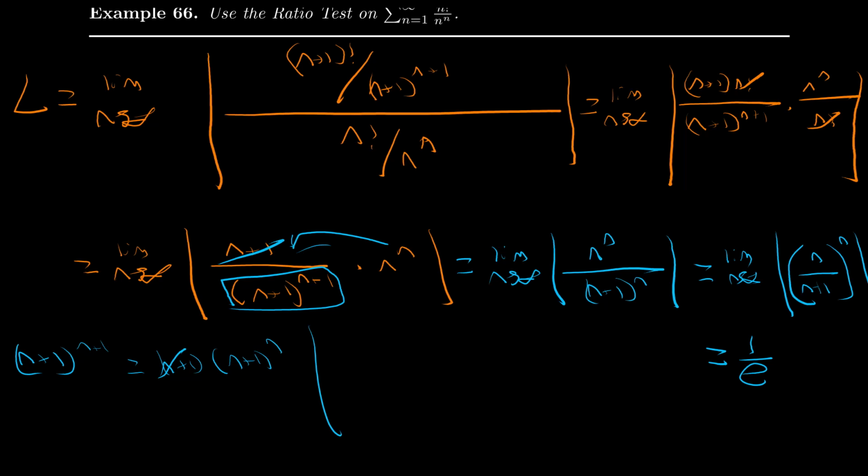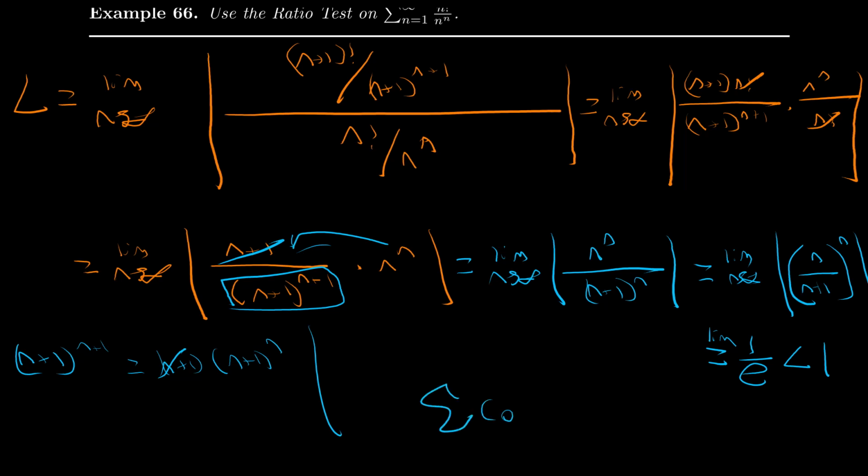Because you can, look here, just divide the numerator by n, and then divide both terms of the denominator by n. And you'll get 1 over 1 plus 1 over n all to the n. And that'll give you 1 over e in the limit. But you'll notice that 1 over e is specifically less than 1. Therefore, this is going to converge.